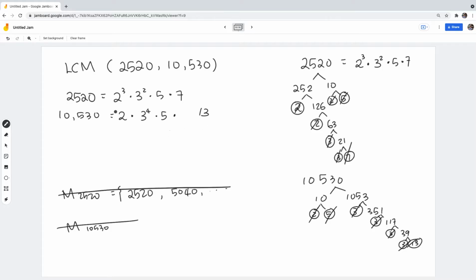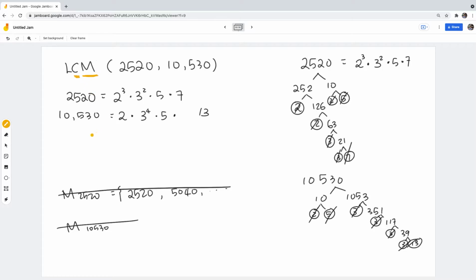We see 2 is common, whatever the exponent, and 3 to something, and 5, right? You need to remember this is a common multiple. Not only common, but you need to consider that multiple comes before common.